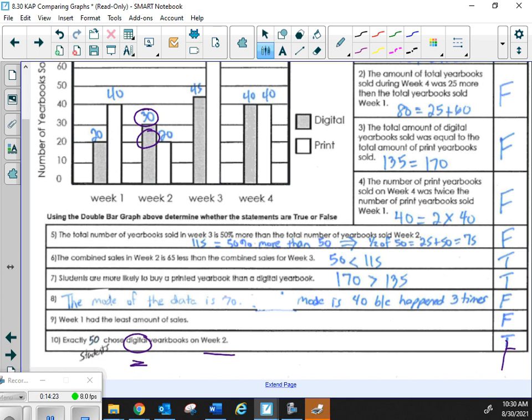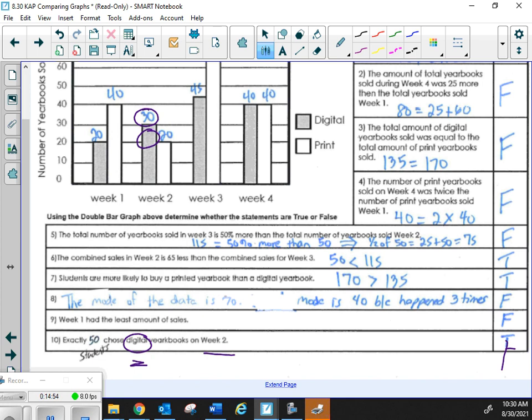Okay, anything else? How would you solve question 5? We haven't calculated exactly. We'll do percentage change later this year. But what it says is there was a total of 116 in week 3, 50% more than 50. So if you're trying to figure out 50% more than the number, week 2 was 50. 50% more would be half, right?